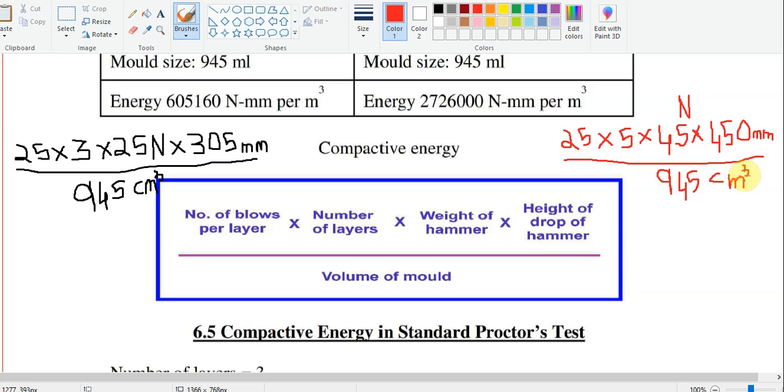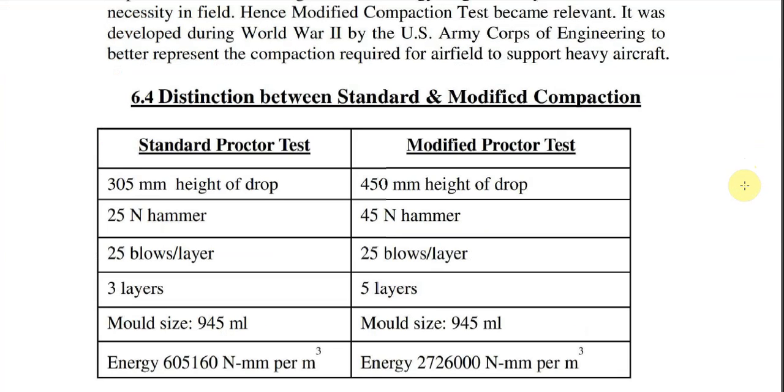So this is how compaction energy is calculated. The thing to note here is compaction energy of modified Proctor test is 4.5 times that of standard Proctor test. So in modified Proctor test, the compaction energy is more because heavy loads are expected.